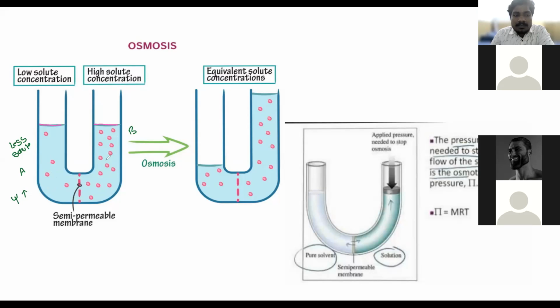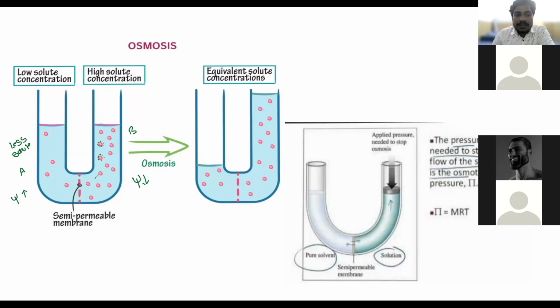If we see side B, there are more solutes dissolved. So many water molecules will form a sphere around them. They will form hydrogen bonds with the solutes. So on side B, fewer free water molecules will be present. It means the water potential of system B will be less.